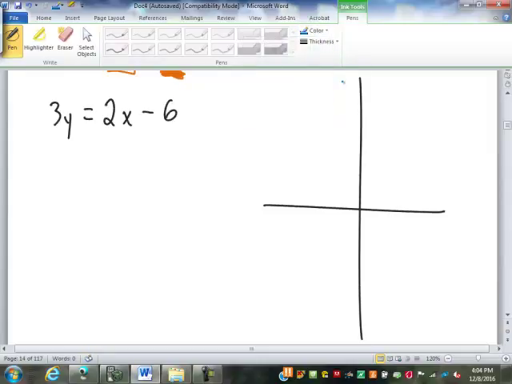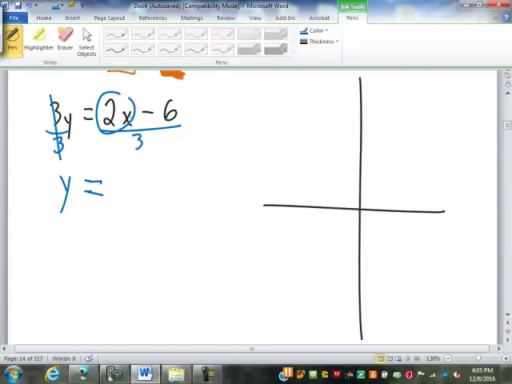What is going on here? The y is being multiplied by 3. So how do I get rid of it? Divide by 3 will make it go away. Now when I multiply or divide an equation, I have to do it to every piece. So I divided the 3y, which divided out the 3. Over here, when I divide by 3, I have to divide the 2x by 3. Now I'm going to show you a little trick.